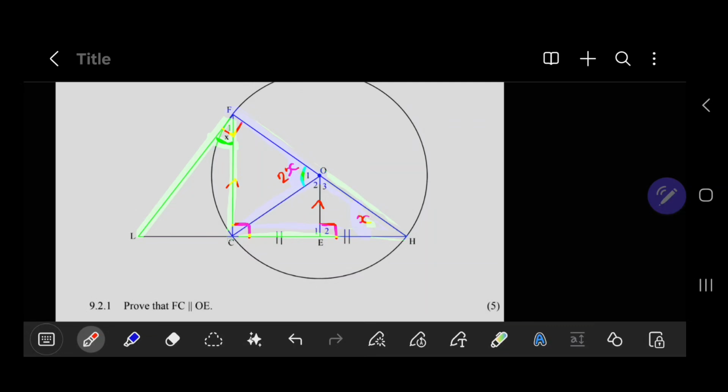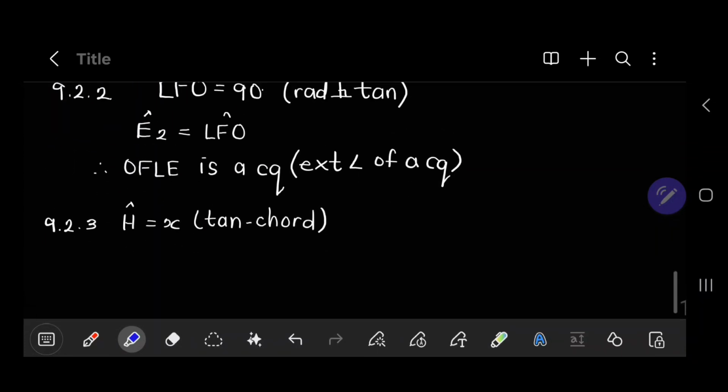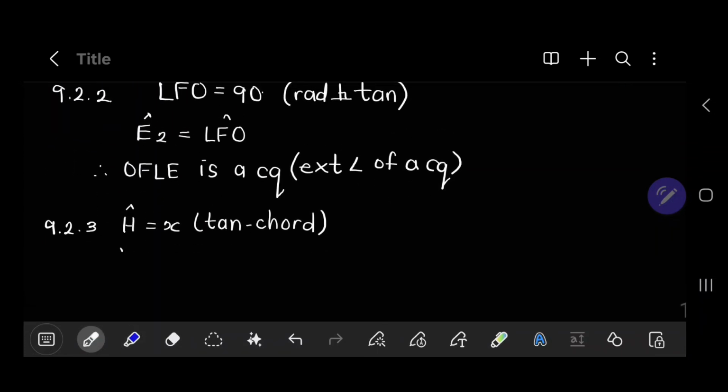Okay, and even if you follow with your fingers, you'd notice that FC subtends to H on the circumference, FC subtends to O1 at the center. Angle at center is 2 times angle at the circumference. So now we can add on that angle O1 is equal to 2x. This is angle at center. So that's it. We needed to get the size of angle O1 in terms of x.